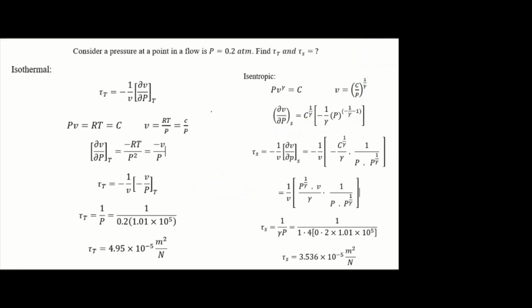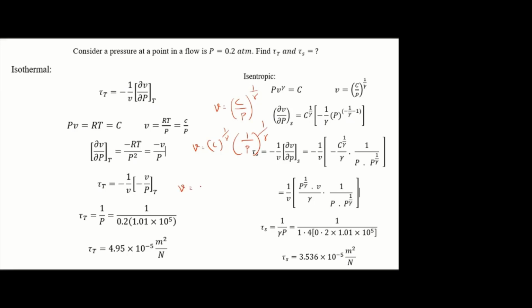So I need the V term. So if you rearrange, V power gamma is equal to C by P, and gamma if you take to this side it will be 1 by gamma, and further I am simplifying this. So V is equal to C power 1 by gamma and remaining 1 by P power 1 by gamma.